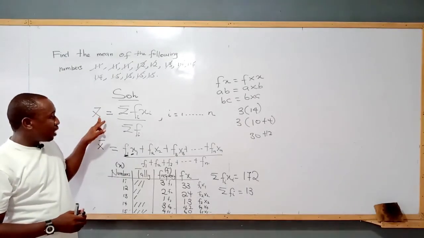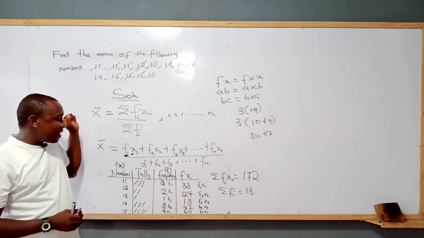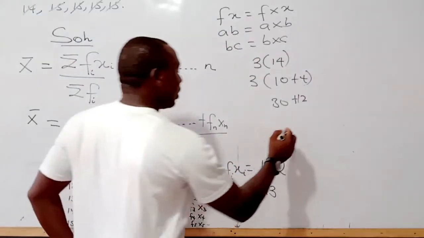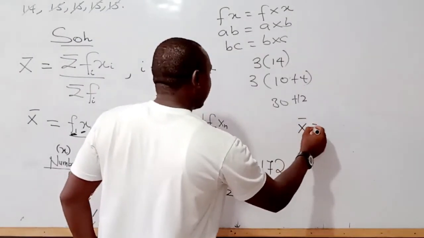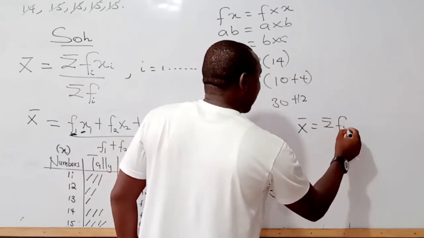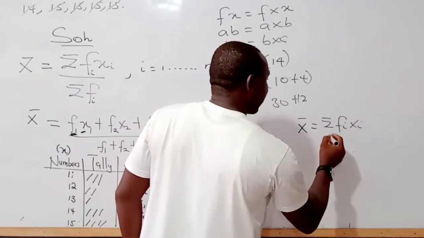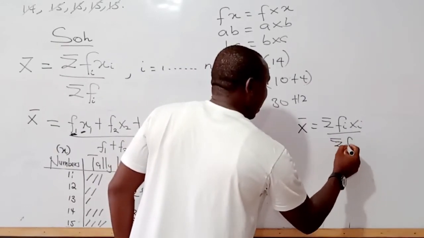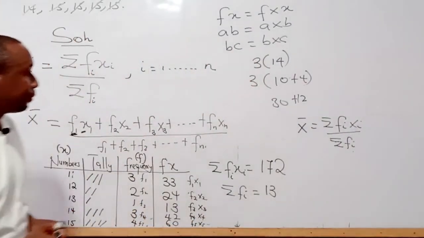Now, if you go back to the formula, the mean, which is x bar, is equal to the sum of all the FiXi, all over the sum of Fi's.